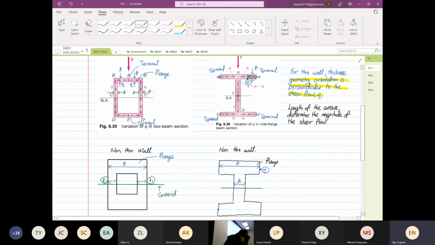Unlike if we want to consider point alpha over here, the area of consideration is this entire area. Now I'll pick another point. Let's say I want to find a point down here known as beta. Which area do you pick?